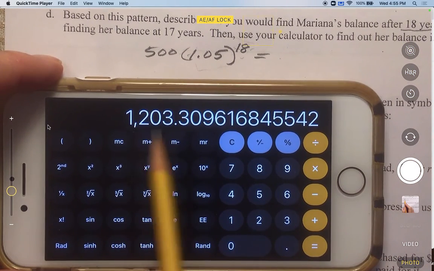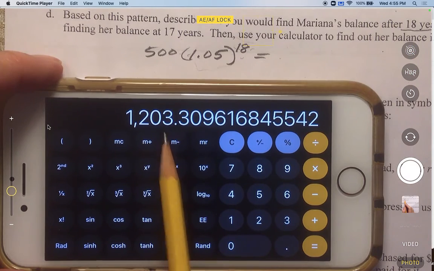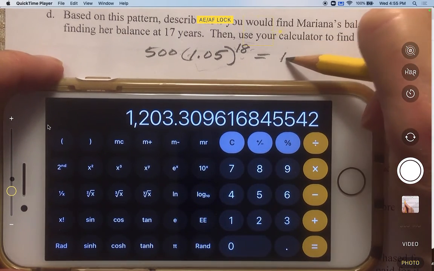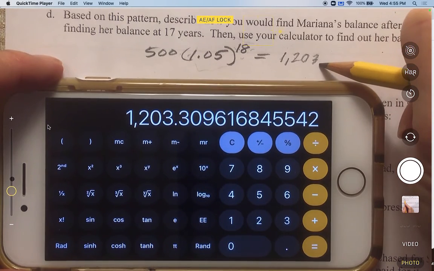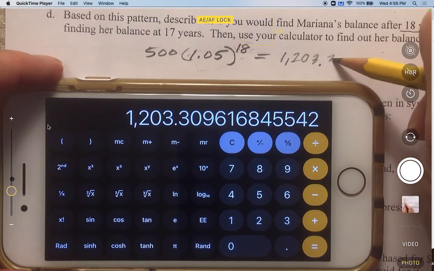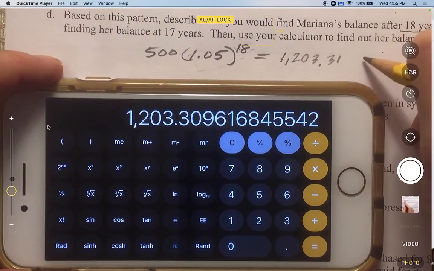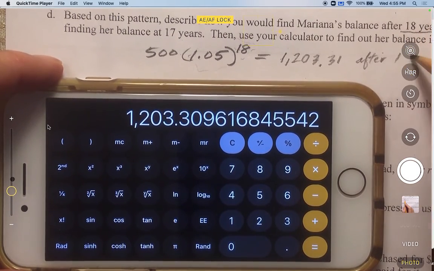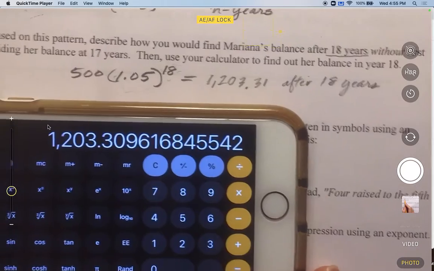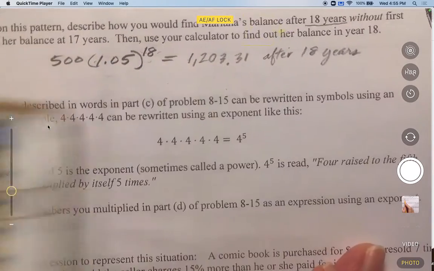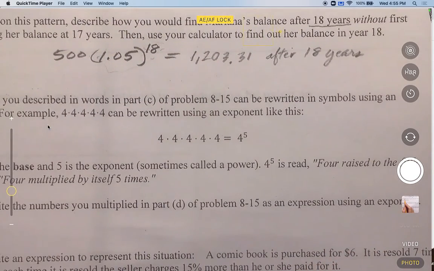And so now we know that the balance is going to be $1,203 and 31 cents after 18 years. Okay, so that's how we calculate that.